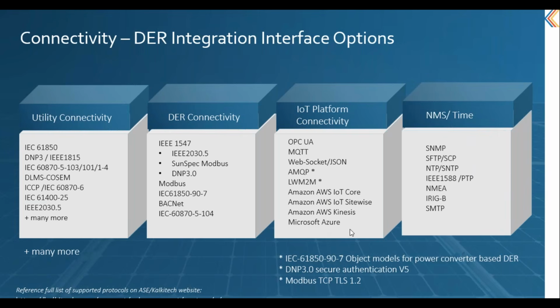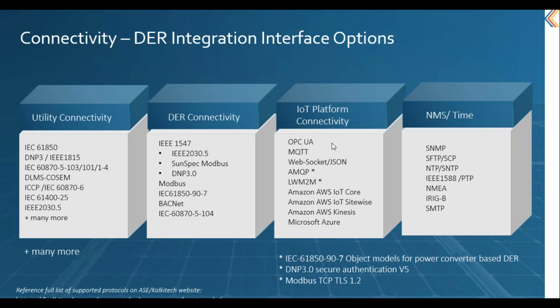There are a few services provided by the product to connect with IoT: AWS IoT Core, AWS IoT SiteWise, and AWS Kinesis as well. To Azure, you can integrate with the Azure IoT Hub and create a device twin service in the IoT Hub.